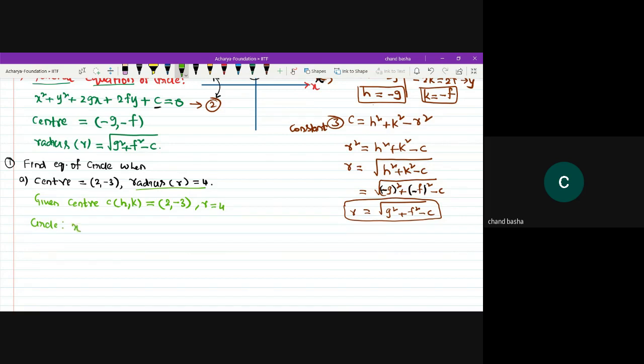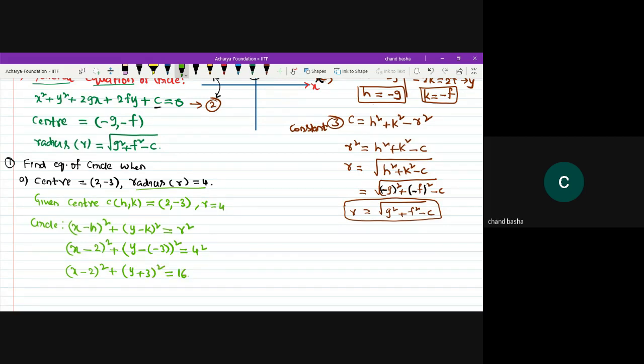Whenever center is given to you, x minus h whole square plus y minus k whole square is equal to r square. By using this, x minus h value is 2, so x minus 2 whole square, plus y minus k value is minus 3, so y plus 3 whole square, is equal to r square, which is 4 square, that is 16.